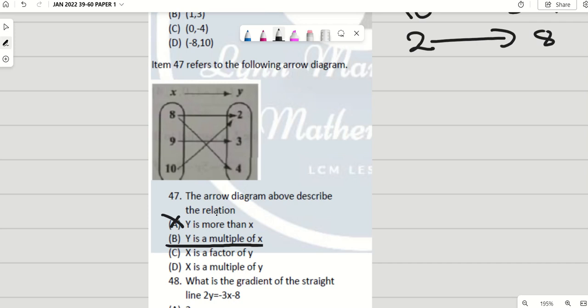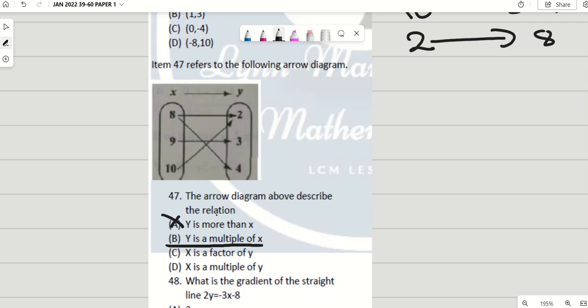Meaning if you use 2, 2 multiplied by a number, would it give you 8? It would. What about 4? If you multiply 4 by a number, would you get 8? Yes. What about 3? If we multiply 3 by a number, would we get 10? Yes. So B could be our answer.